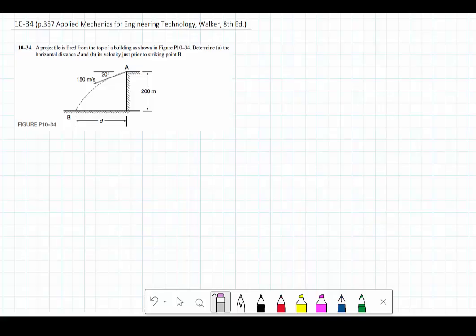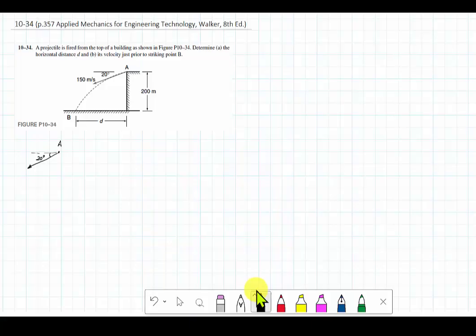So let's have a look at the initial velocity here. This is point A, and the initial velocity goes to the left with an angle of 20 degrees from horizontal.